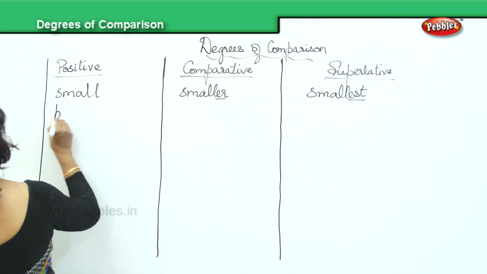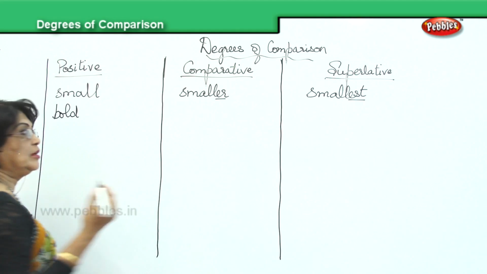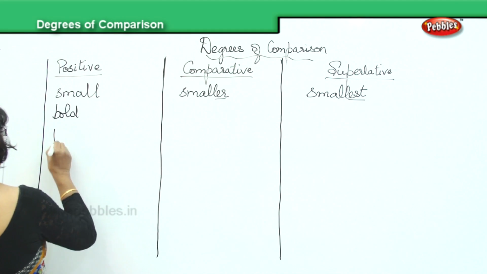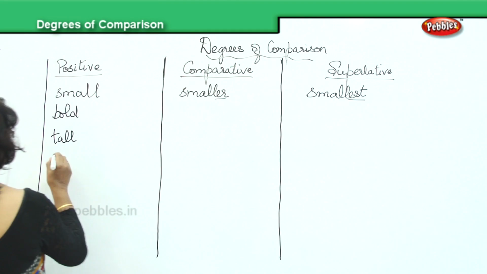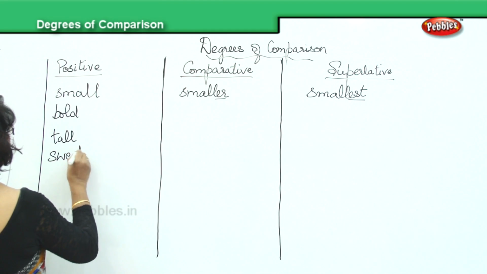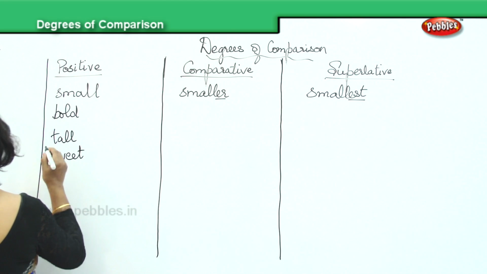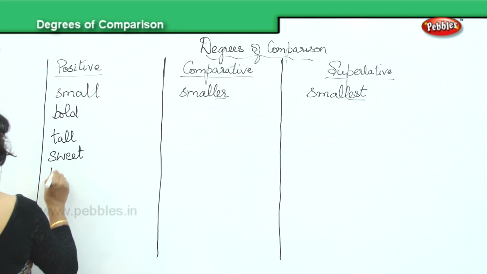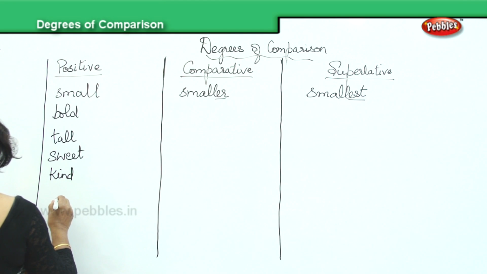Next one. Bold. Come on, give some words. Bold, tall, what else? Sweet. What else would you give? Bold, bold you have written. Kind. Great.